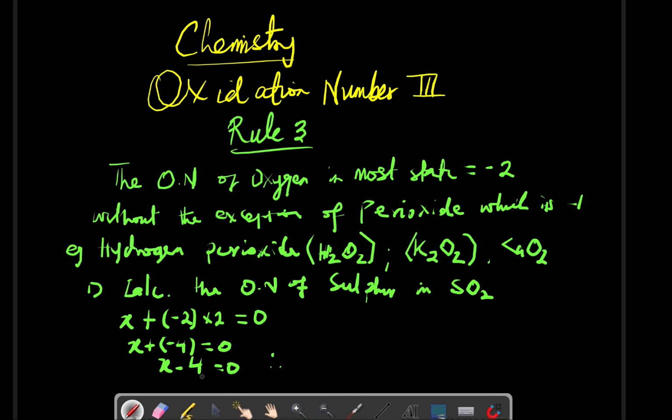Or carry -4 across to this side, it changes to +4. So x will be equal to +4. So it means the oxidation number of sulfur in this particular compound is 4. Very simple. And this 4, we say +4, and I told you to always add the charge sign in front. +4. So that is the oxidation number of sulfur in this particular compound.